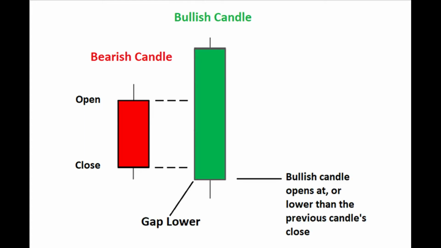First, we start with a bearish candle, which opens at the top of the box and closes at the bottom of the box. This is the case when price is falling. There is a gap down overnight, resulting in a bullish candle that opens lower than the previous day's candle.